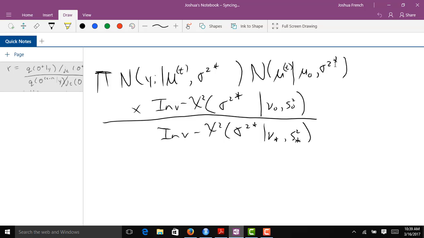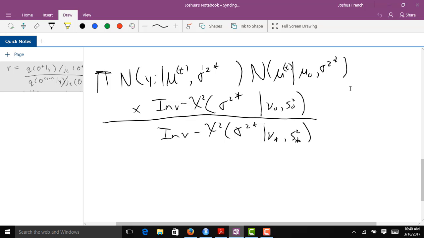I'm going to multiply that by the prior density for the sigma squared parameter, once again evaluated at sigma squared star, at the prior parameter values nu naught and s naught squared.